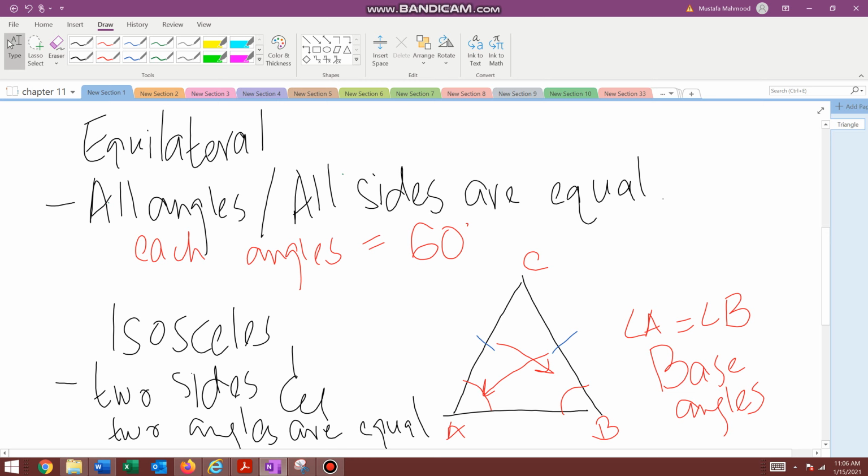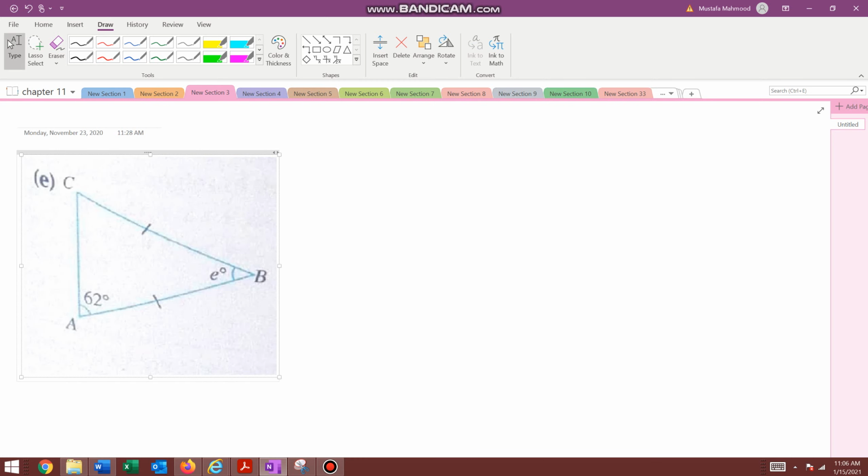Now, for example, we have a question in our book where we have to find out the value of E here. Now, you can see that the two sides BC and AB have this line on top of them, which basically shows that these two sides are equal, meaning two sides are equal, the triangle is an isosceles triangle.